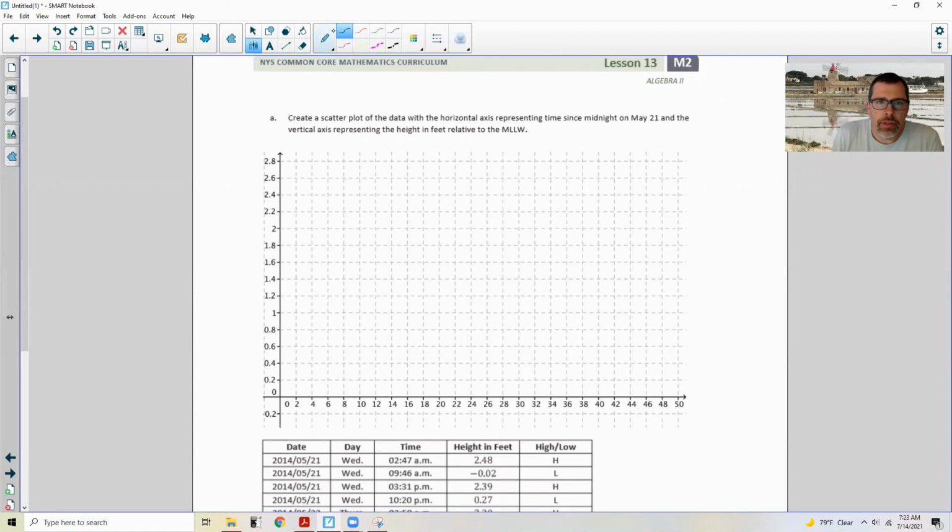Okay, so let's just pick a color here and horizontal axis representing the time since midnight. So down here, horizontal. I'll just put it over here so it's out of the way. Time since midnight. And over here, it is height in feet.